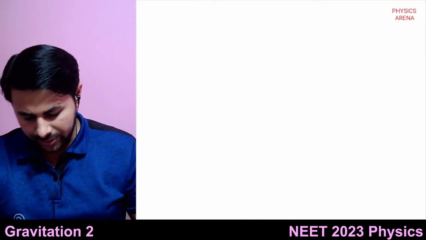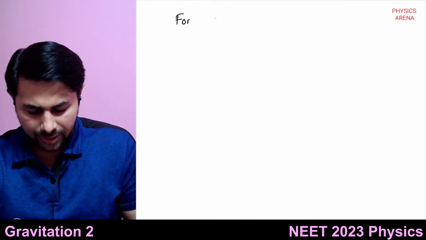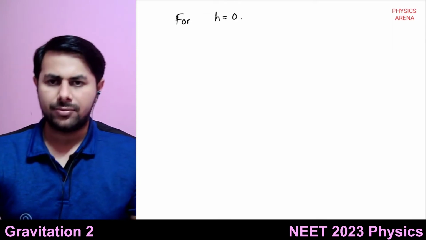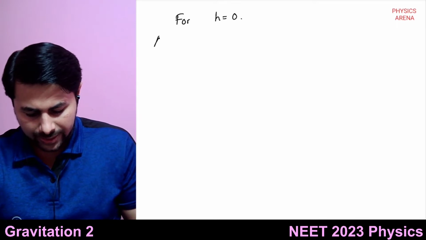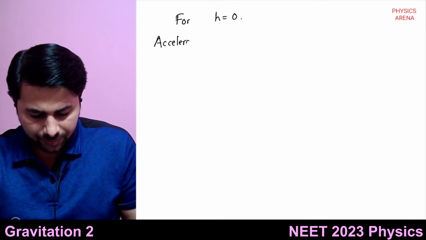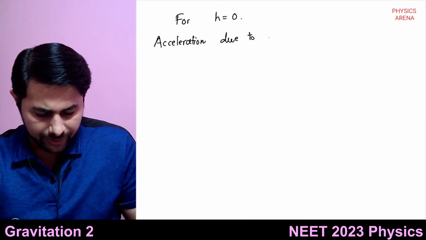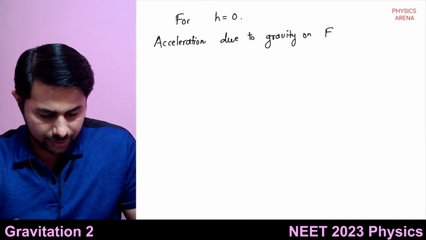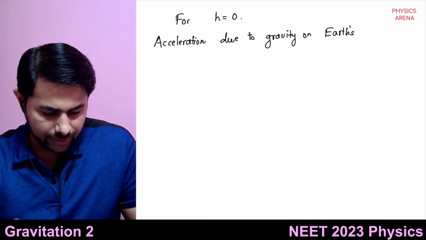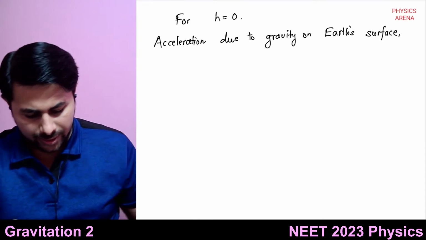Now let's suppose h is equal to 0. For h equals 0, we are on earth's surface. So what is the acceleration due to gravity on earth's surface?